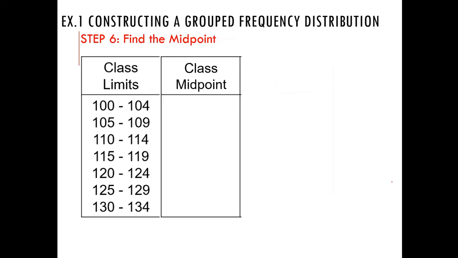And then the last step is to find the class midpoint. The class midpoint is going to be the average between the upper and lower limits of the class, between class limits, I'll say. So it's like taking 100 plus 104 divided by 2.